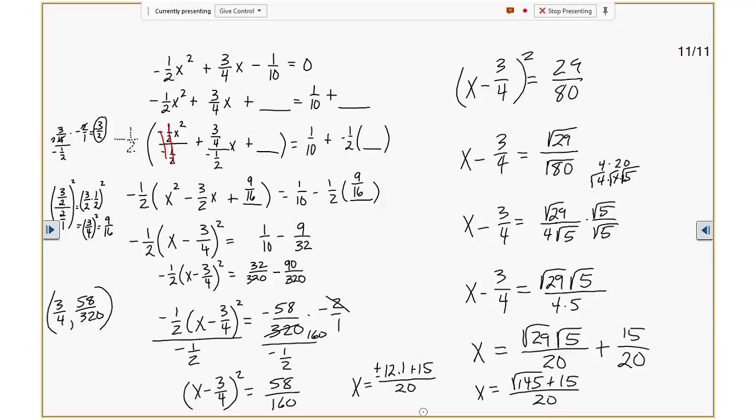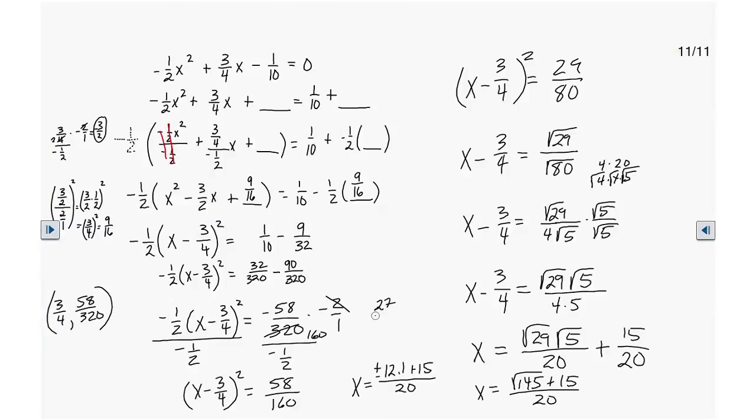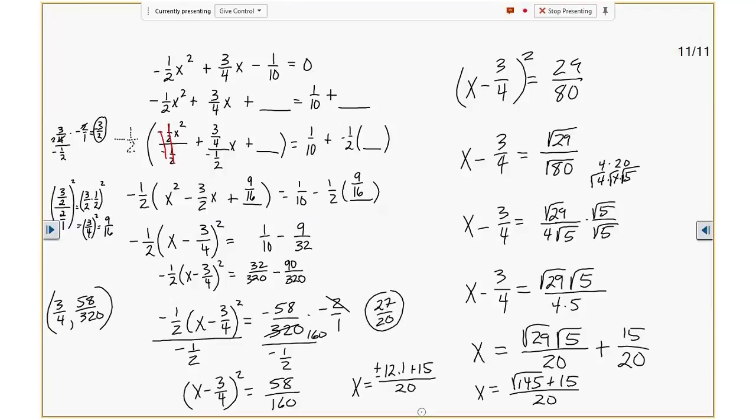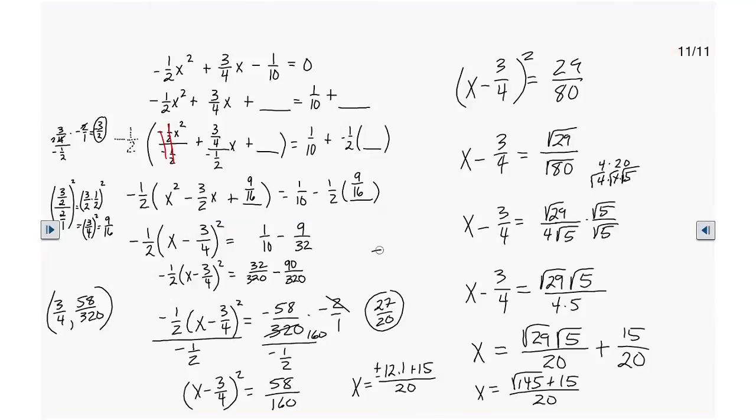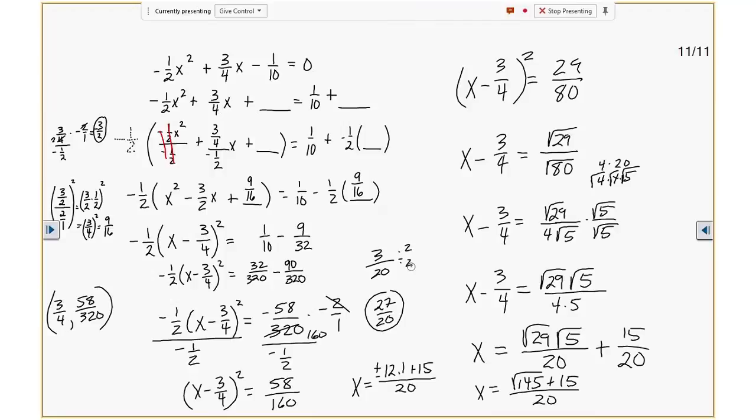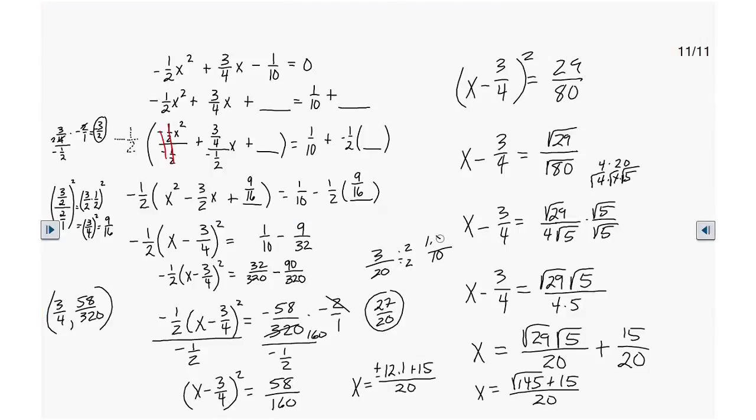And what's 12 plus 15? 27 over 20. That's one x-intercept. Now what's negative 12 plus 15? That'd be a positive 3 over 20. Well, divide by 2, that's 10. And 3 divided by 2 is 1.5, so that's going to be 0.15.